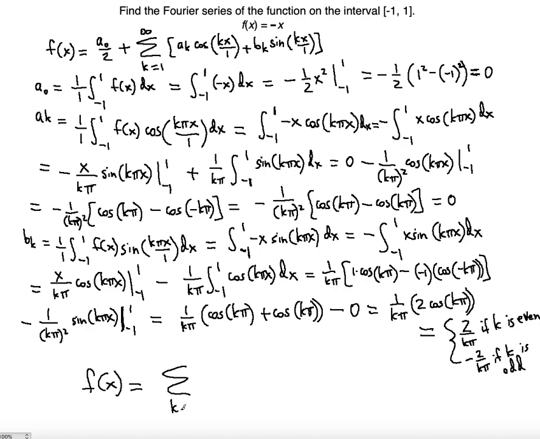From k is equal to 1 to infinity. And why am I disregarding the a subscript 0? Because we found that a subscript 0 was 0, right? So 0 over 2 is 0, so we don't have to write that down. We can start with the series summation sign, the sigma.